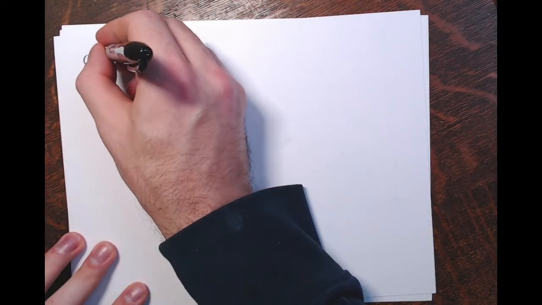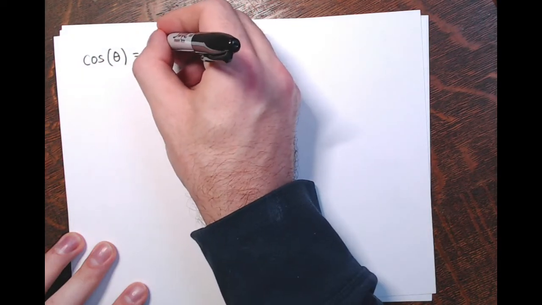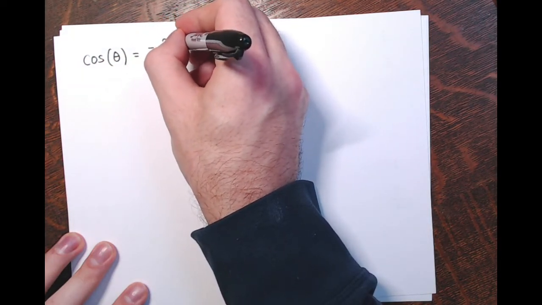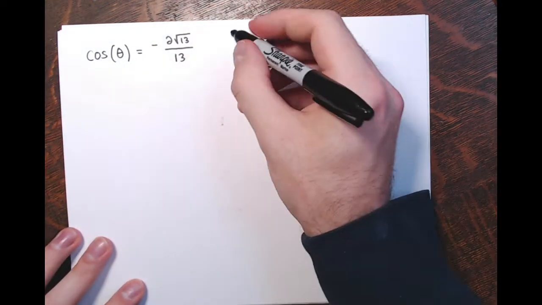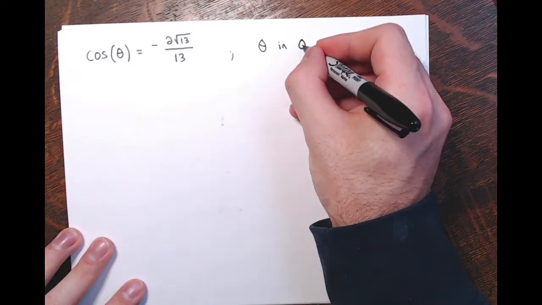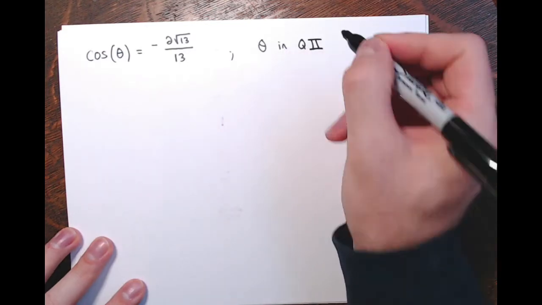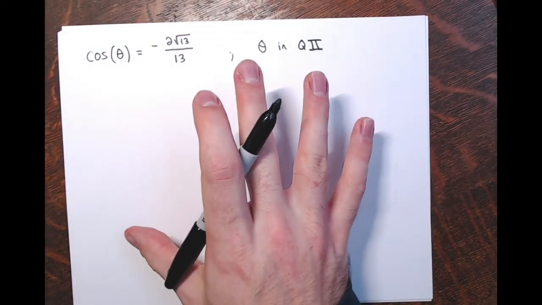We're given that the cosine of theta equals negative 2 times the square root of 13 in the numerator over 13 in the denominator, and we're also told that theta ends in quadrant 2. I'll just put Q2 for quadrant 2. So I'm going to draw a picture of this.